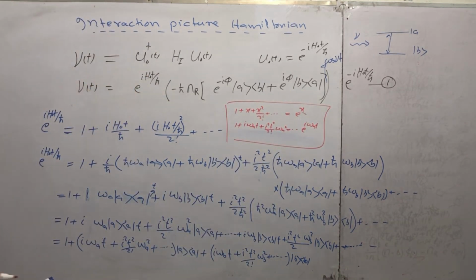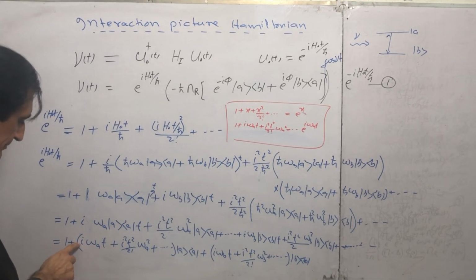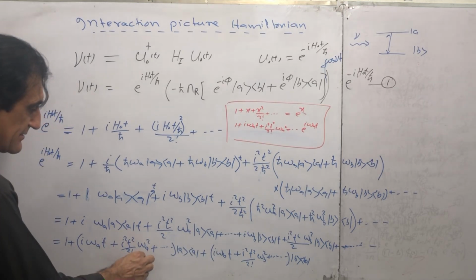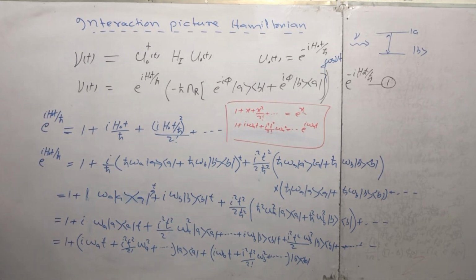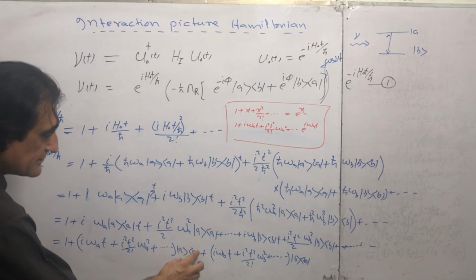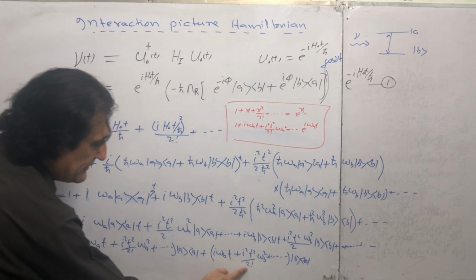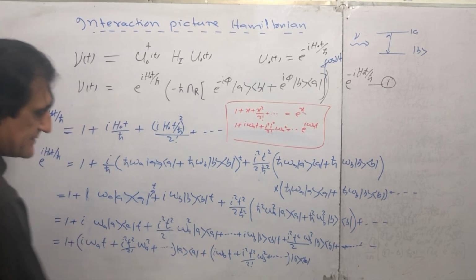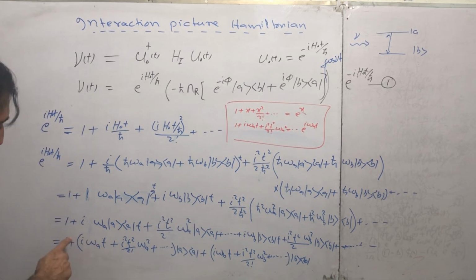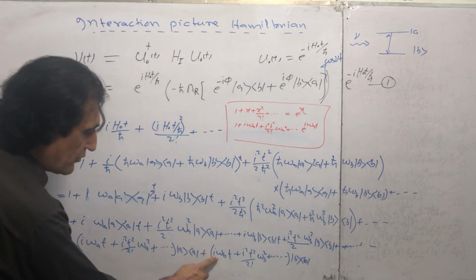This is possible. But the problem is there must be a 1 here, 1 plus this thing. But this 1 is outside because we have taken A as a common from this, and similarly we can have this state. So we must add 1 here and 1 here.